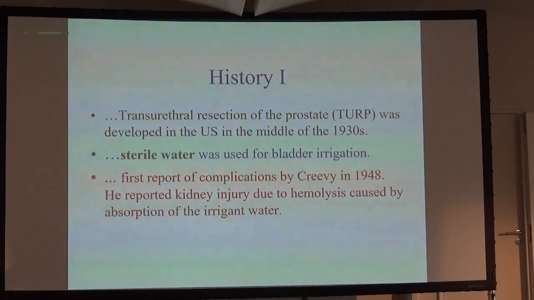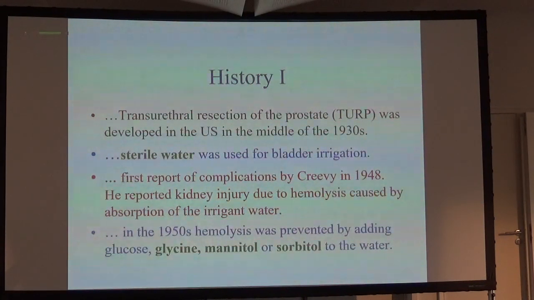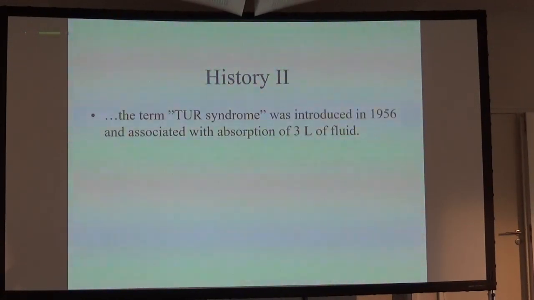But as soon as it was noted that it could be absorbed by the patient, the urologist noted that hemolysis occurred and the kidneys could be harmed by this. So there came a trend to add non-electrolyte solutes to the irrigating solution. Maybe not to make them isosmotic, but to make them non-hemolytic. And then it was continued for some time. We thought that the problem was solved, but it was not.